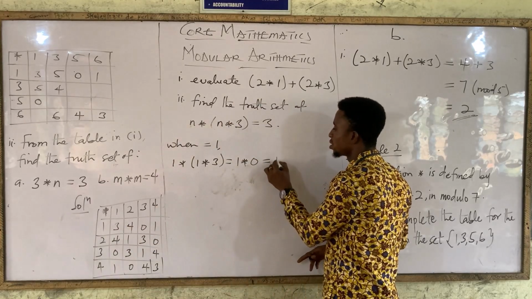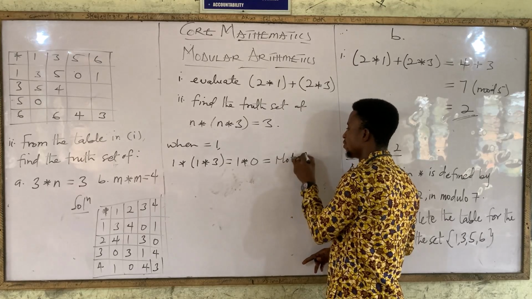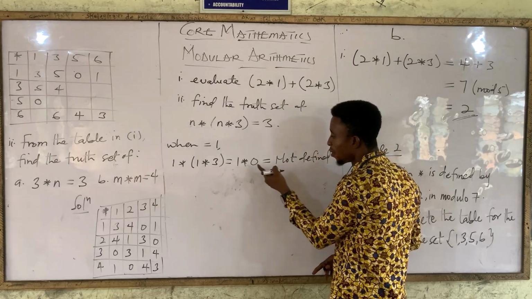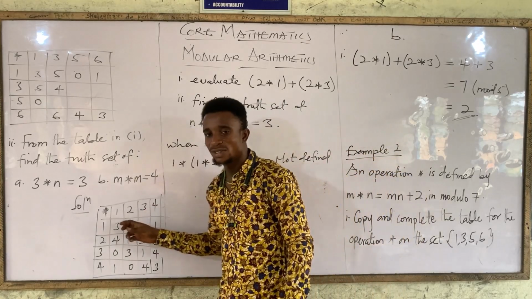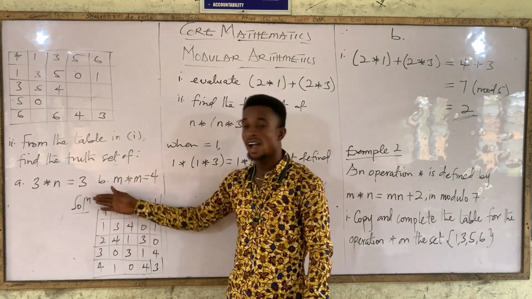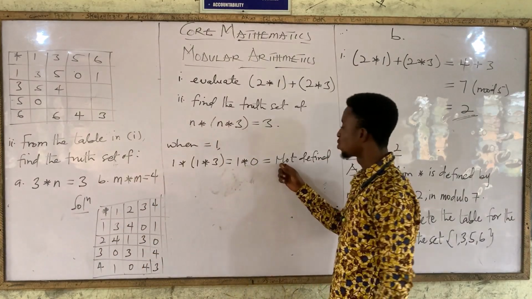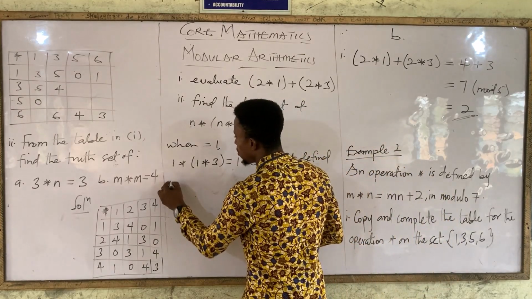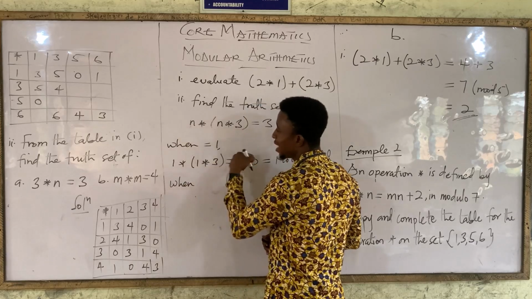So this one is not defined. Are you getting that? Because this 0 is not in the set given. So we have the 1, we don't have 0 here. So it is not defined. And I think you are okay with this. So let's proceed. So meaning 1 is out.